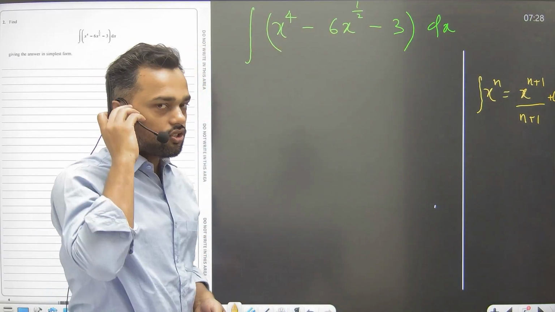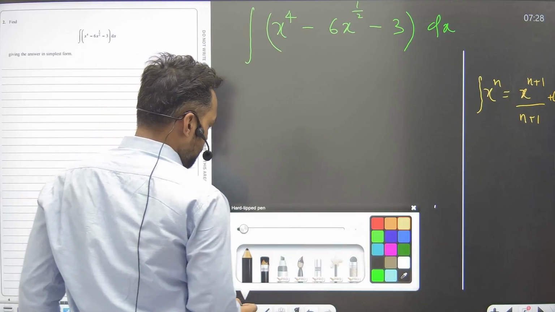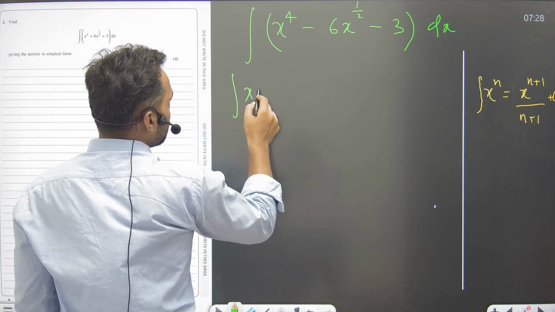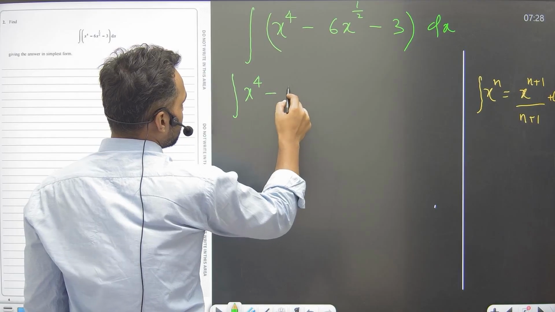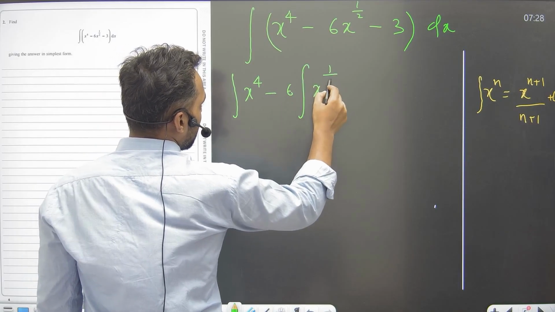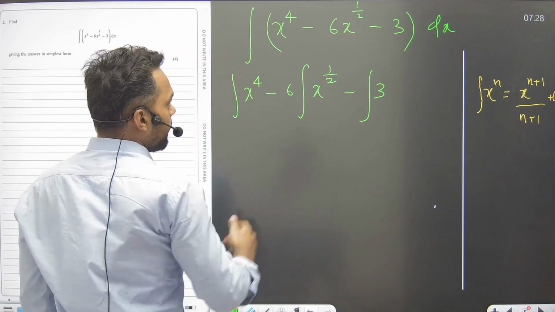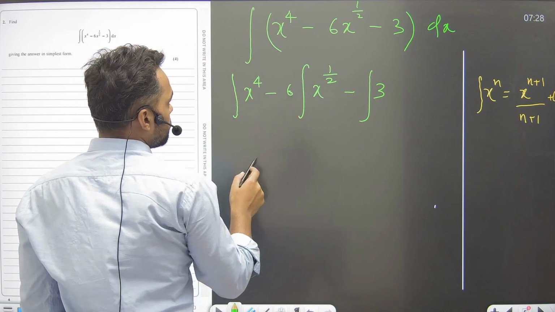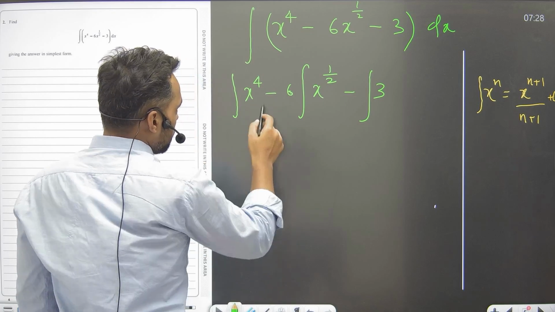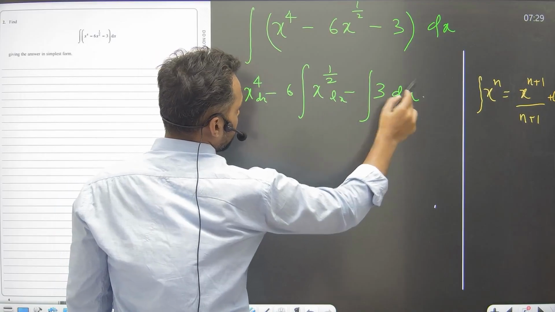This is the rule we will apply. We will integrate the individual terms: x^4, then -6 times the integration of x^(1/2), then -3. Don't forget to mention dx everywhere. So dx is mentioned here, here, and here.